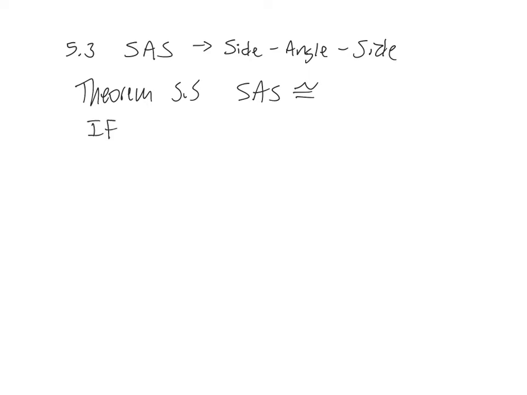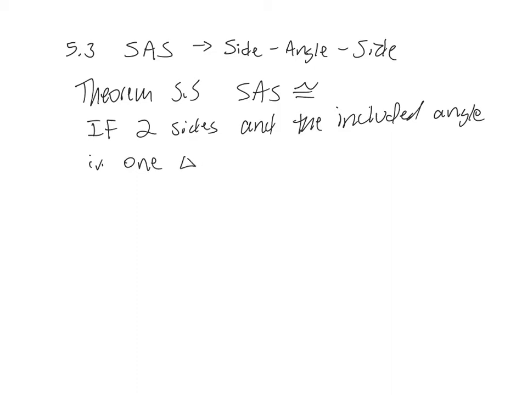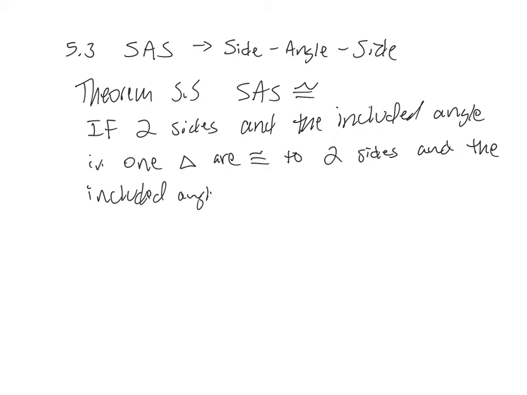It says if two sides and the included angle in one triangle are congruent to two sides and the included angle in another triangle, then the triangles are congruent.